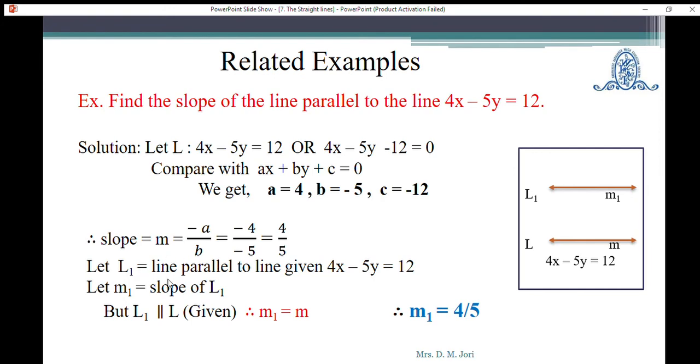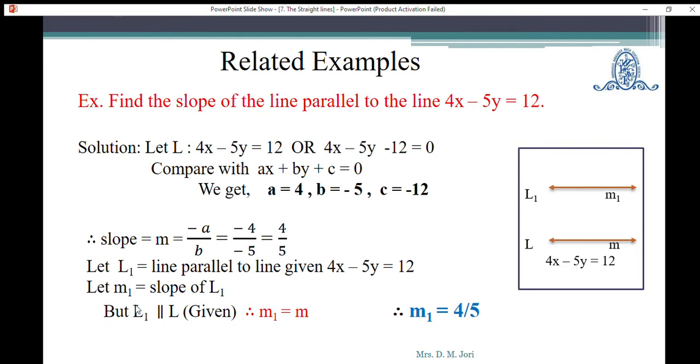Now let us suppose that the required line is L1, for which we have to find the slope. So L1 is the line parallel to the given line 4x minus 5y equal to 12. Denote its slope by m1.